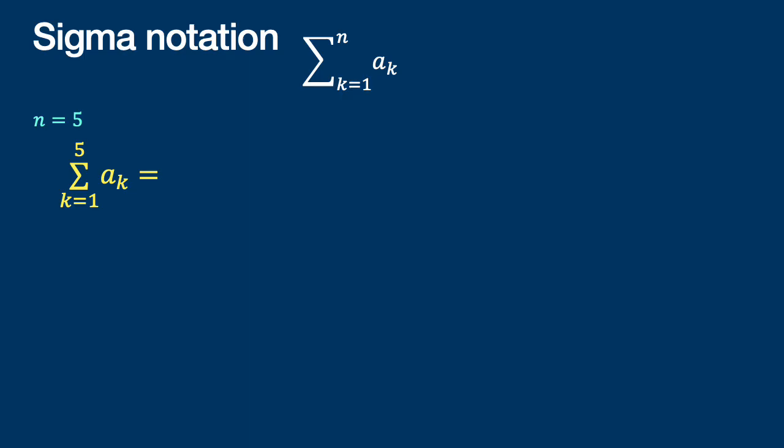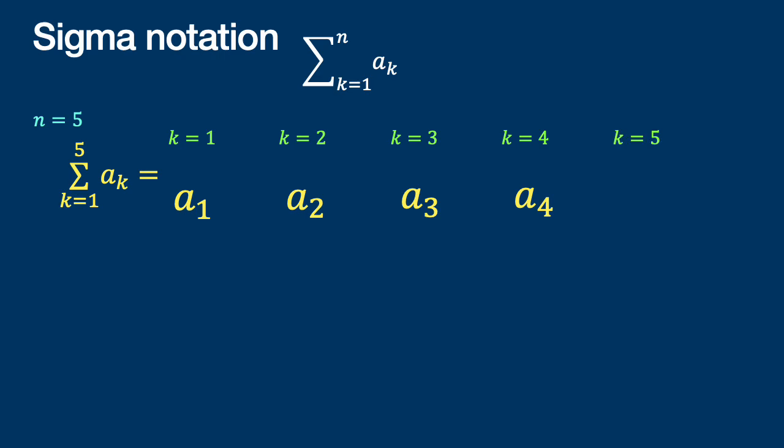Sigma means summation. a_k is a sequence. k starts from 1 to 5. So k equals 1 means we have the first term a1. k equals 2 means a2. k equals 3 means a3. k equals 4 means a4. k equals 5 means a5. Sigma means you add all together. That's the meaning of sigma.